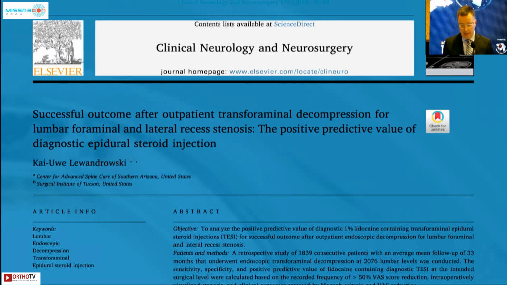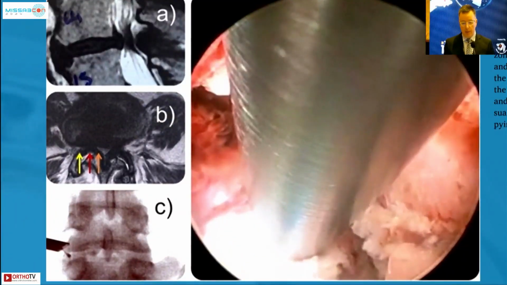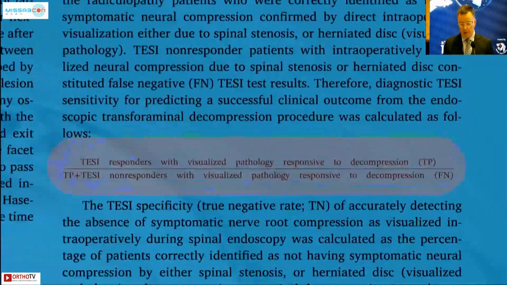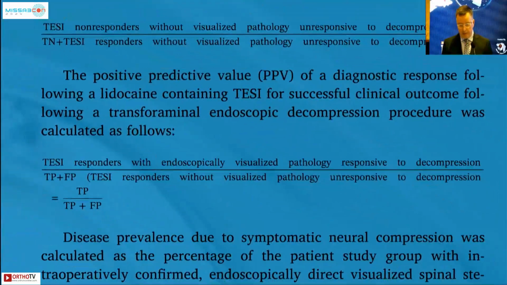This article analyzes the positive predictive value of a lidocaine-containing transforaminal selective nerve root block. How predictive is that of a successful outcome in performing the surgery in the same location? And we correlated that to the zone classification under directly visualized pathology here shown, and we calculated specificity and sensitivity numbers and positive predictive values.